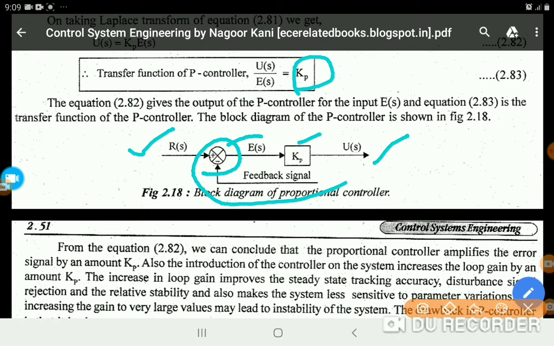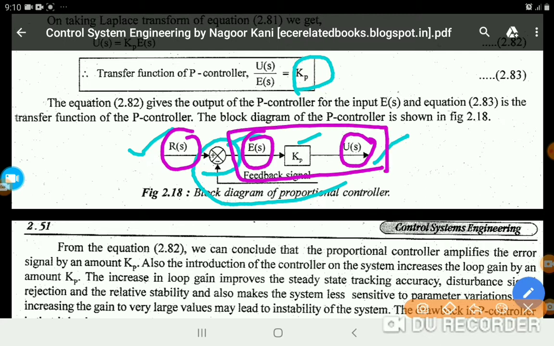The summation of R of s and the feedback signal produces the error signal E of s. So the transfer function of this block is U of s by E of s equal to Kp.